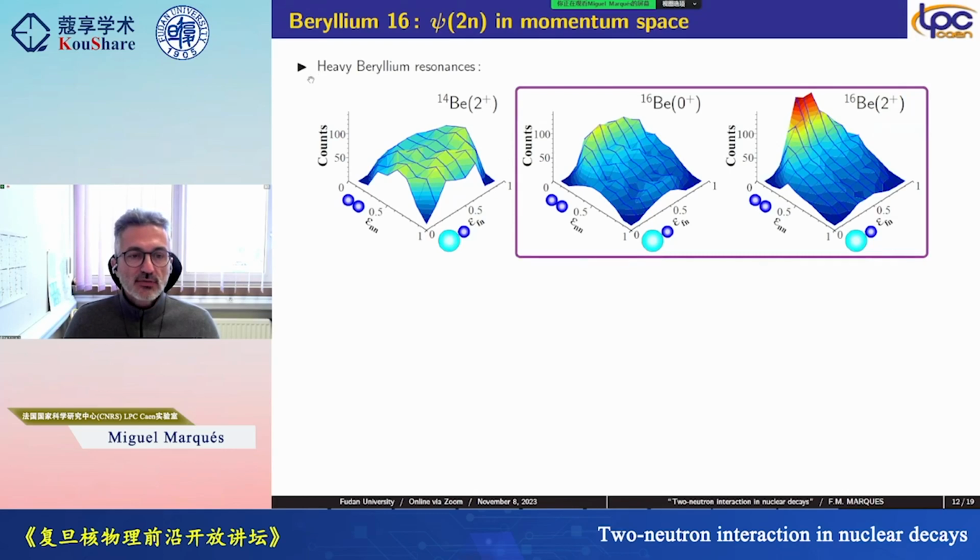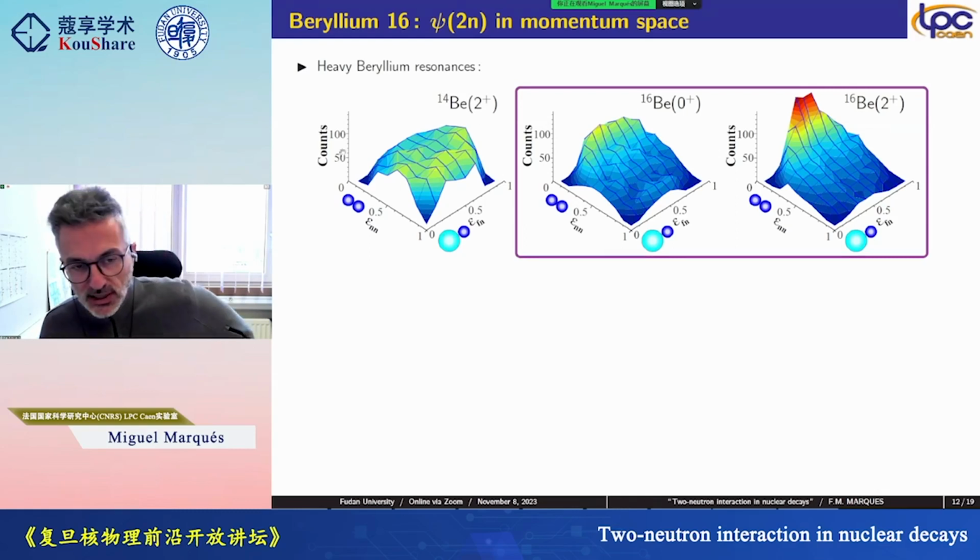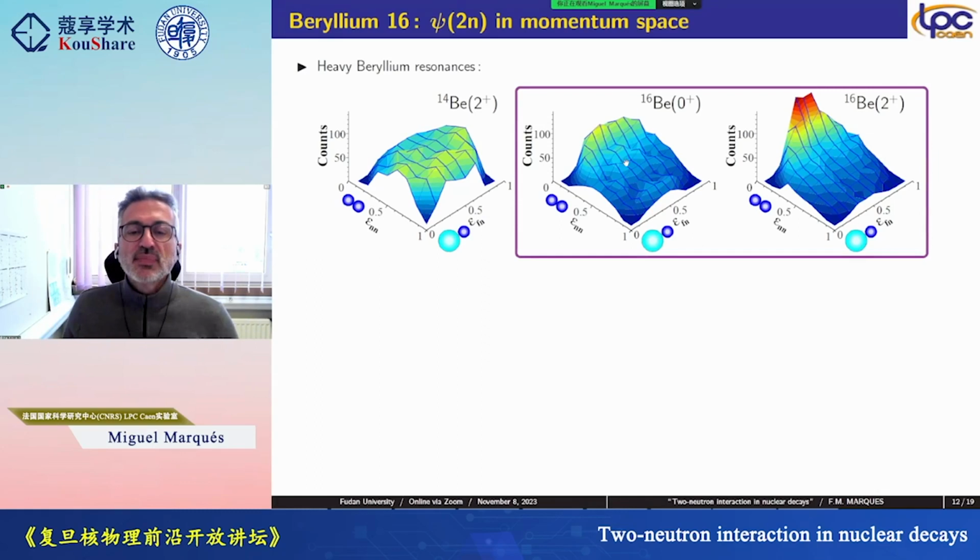So here we have, from another experiment at RIKEN, heavy beryllium resonances. So this is the Dalitz plot for a beryllium-14 resonance. You see this is flat, there is no neutron-neutron signal, and I will come back to this later. And the two resonances that we were looking for in beryllium-16, the ground state and the first excited state, you see clearly the neutron-neutron signal.